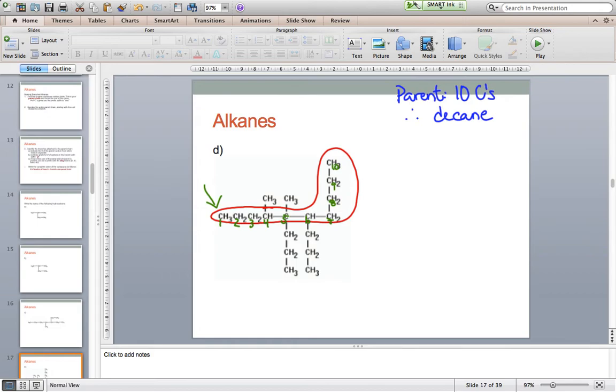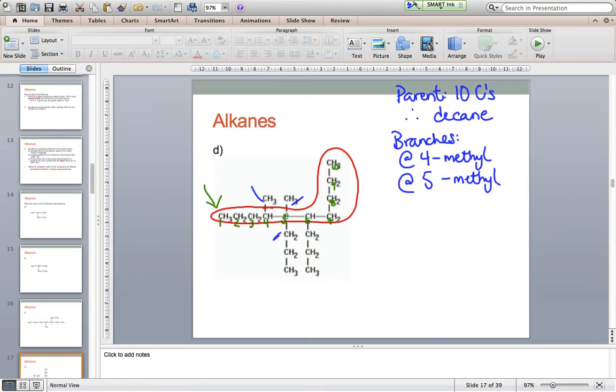Okay. All right, so let's identify our branches. Taking a look at the 4th carbon here, I have a methyl group. So at number 4, I've got a methyl. And then right next door at number 5, I have a methyl off the top.